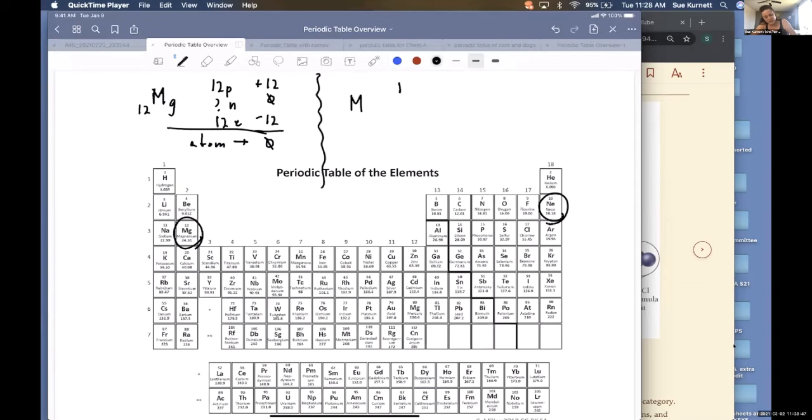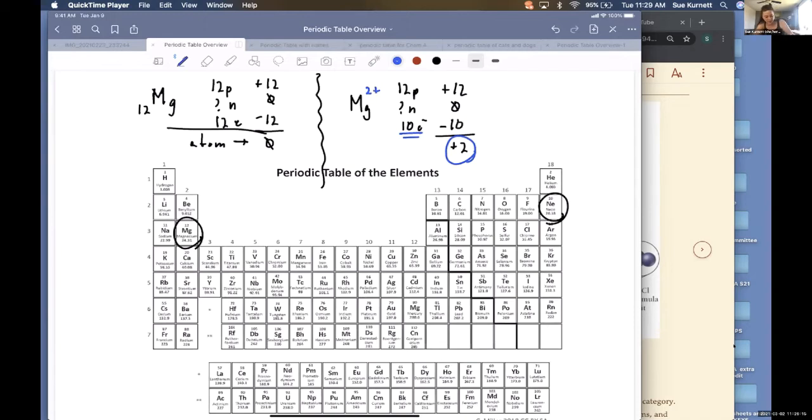So when magnesium becomes an ion, it still has 12 protons. It didn't become a different element. But now it only has 10 electrons with a -10 charge. 12 plus 0 minus 10 equals 2. When magnesium becomes isoelectronic with neon, it has a +2 charge.